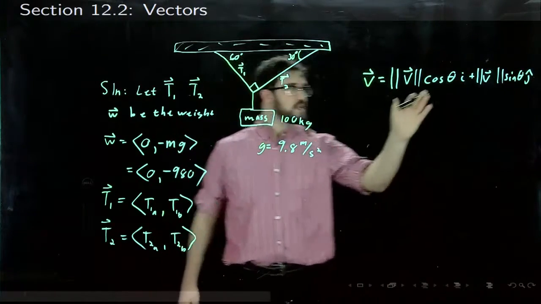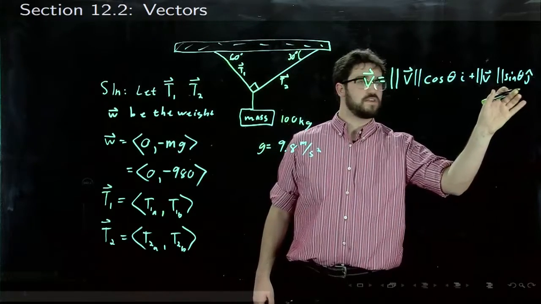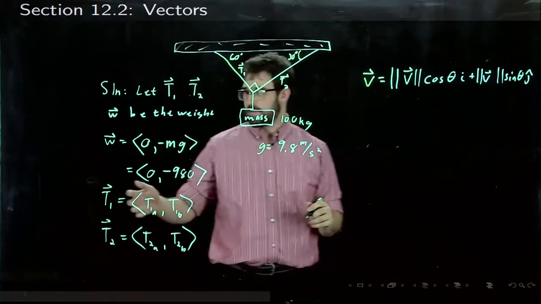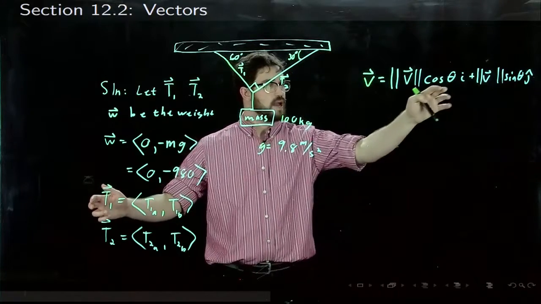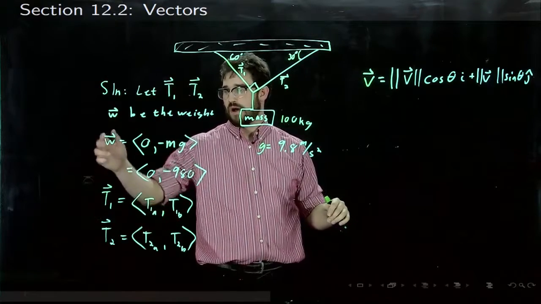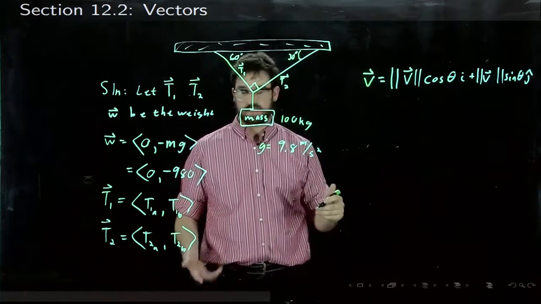So this is that ith component, this is that jth component. So what we need to look at is therefore the magnitude of the i component of all 3 of them needs to be equal to 0.